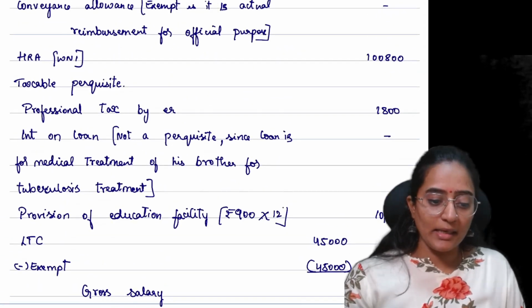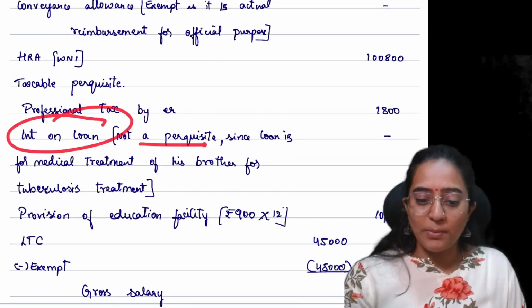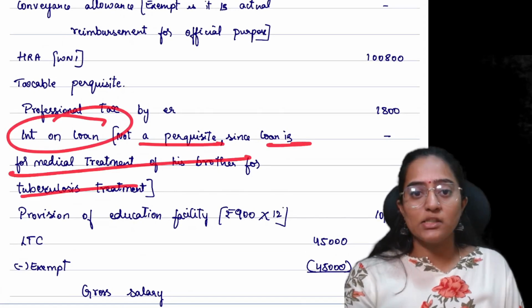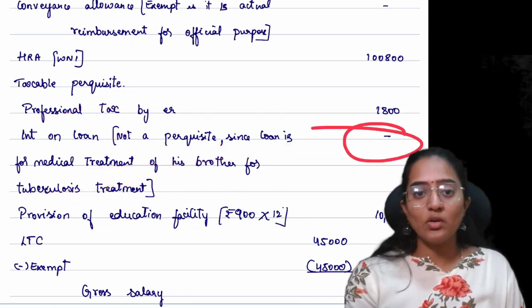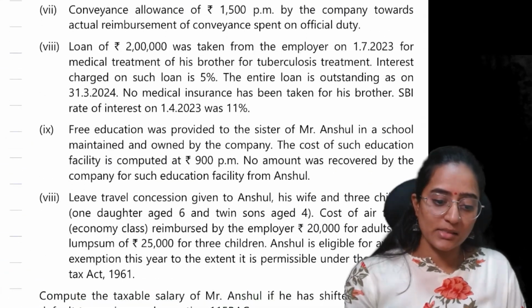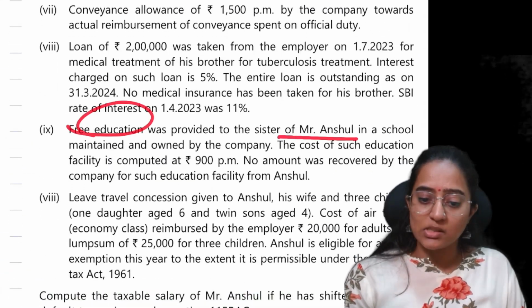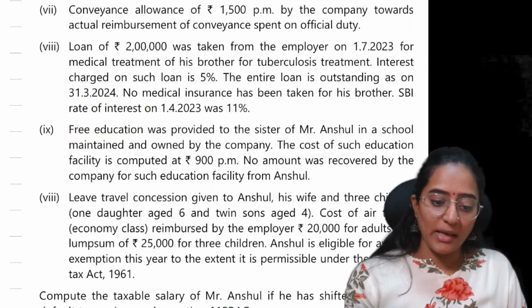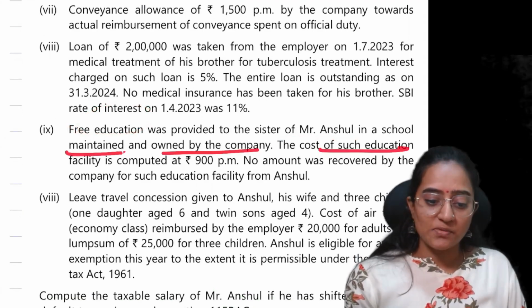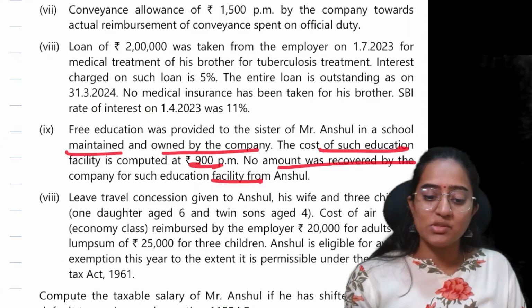So the interest on the loan is not a perquisite, since the loan for medical treatment is for the brother's tuberculosis, hence it is not taxable. Clear? Next, free education was provided to the sister of Mr. Anshul in the school maintained and owned by the company. The cost of such education is 900 per month. No amount was recovered.